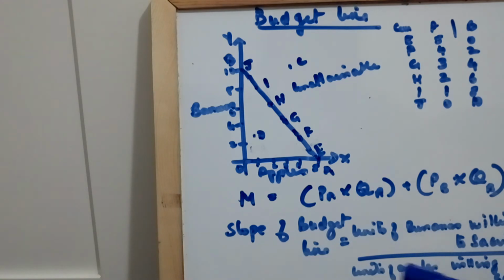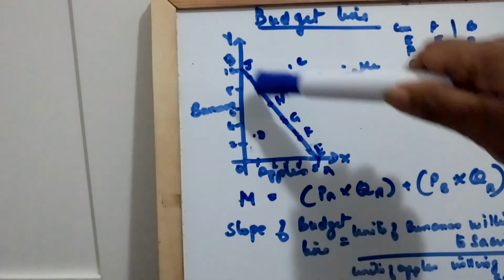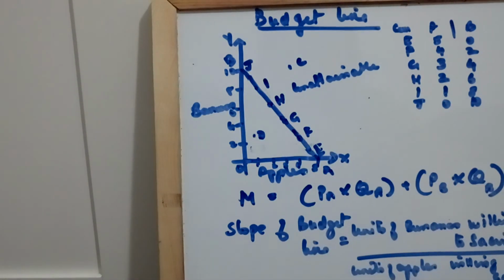So this is how the slope of the budget line is calculated: change in quantity of banana divided by change in quantity of apple. Here you find the numerator will always have a negative value, but for analysis the absolute value is always considered.